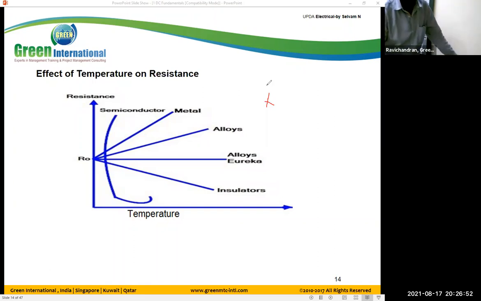For a metal, the temperature increases and the resistance increases. That's why it is called a positive temperature coefficient. An insulator has a negative temperature coefficient, and a semiconductor has both positive and negative temperature coefficients.